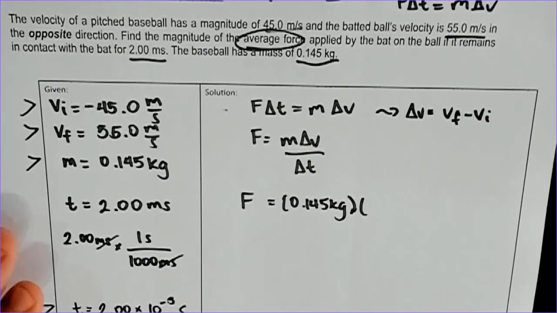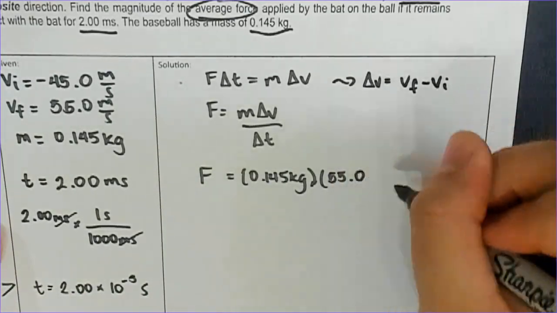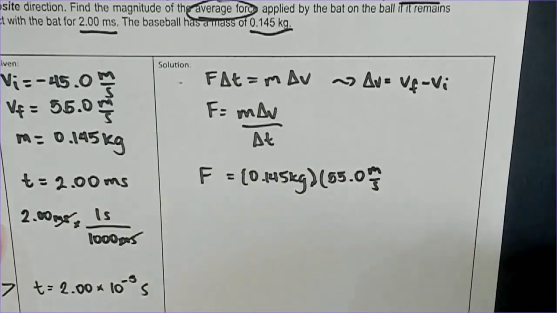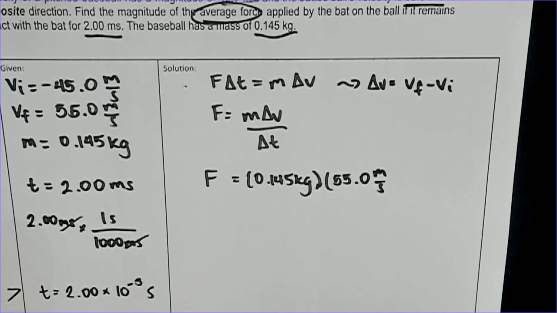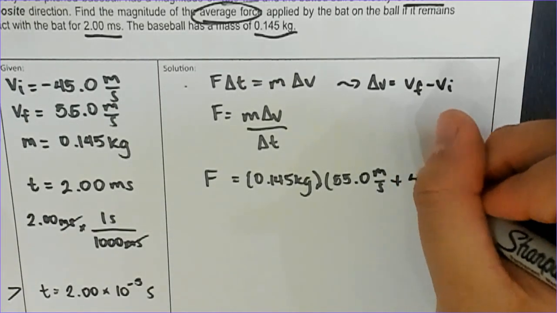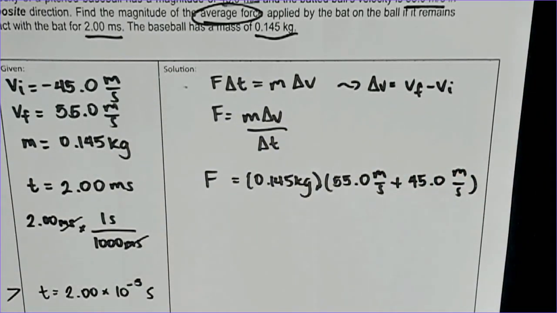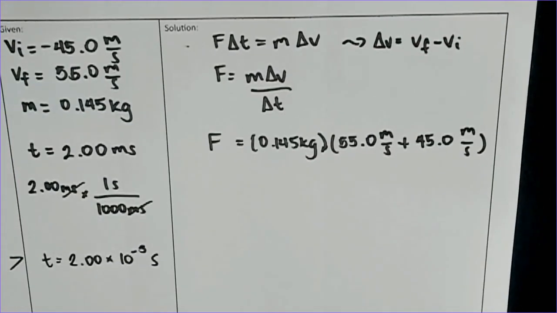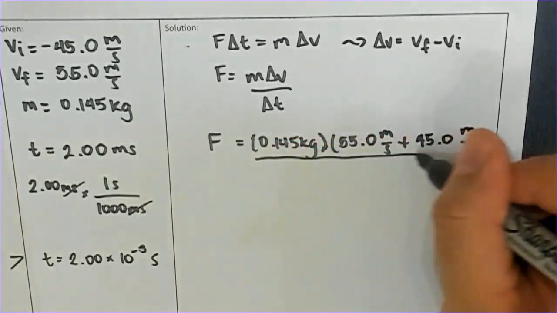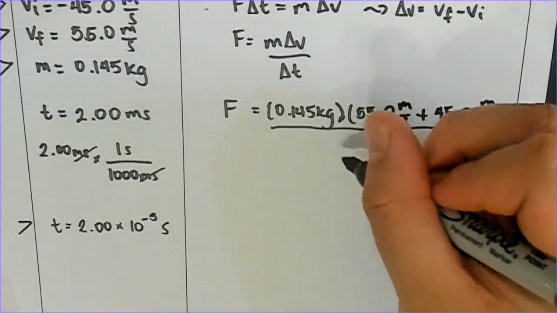So it's going to be 55 meters per second minus initial, so minus negative 45, which becomes positive, so 55 plus 45 meters per second. And that is all over how much time the collision took place, in this case 2 milliseconds, or 2.00 times 10 to the negative 3 seconds.